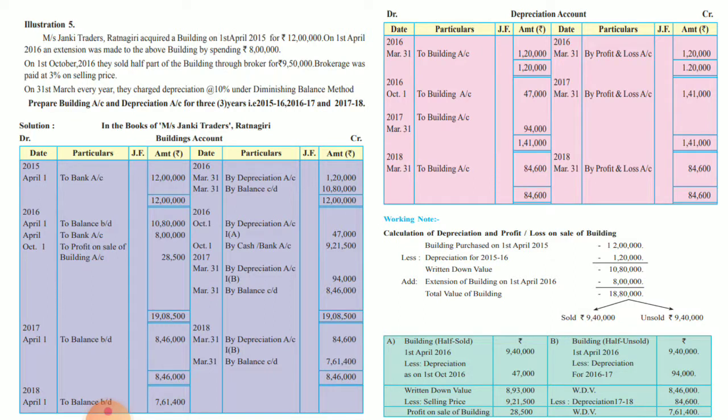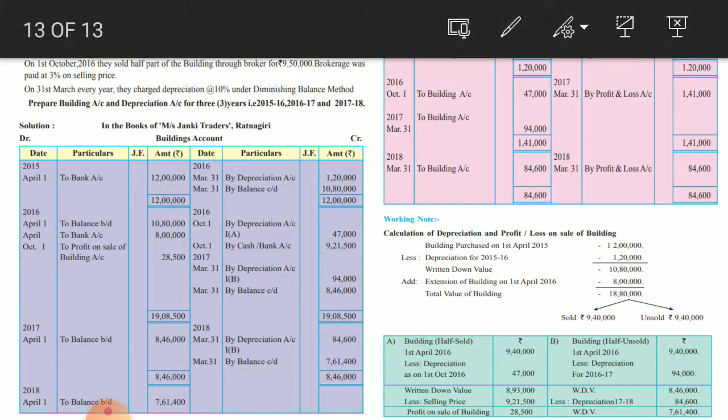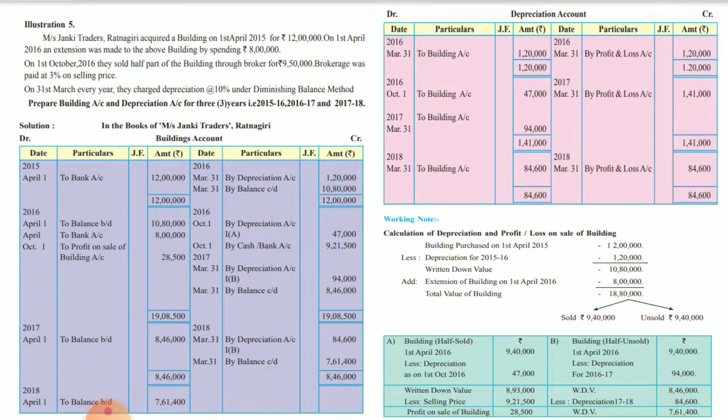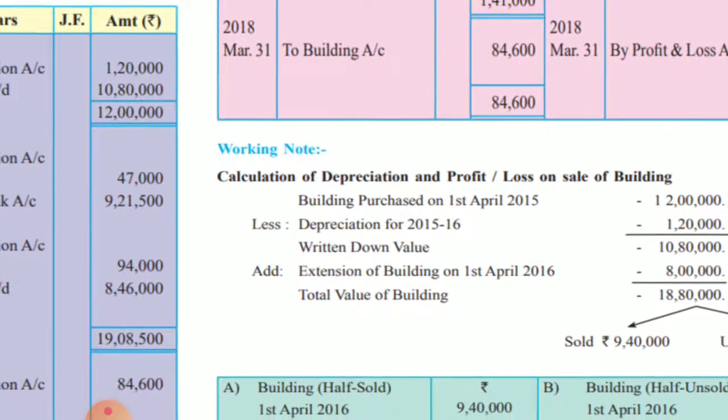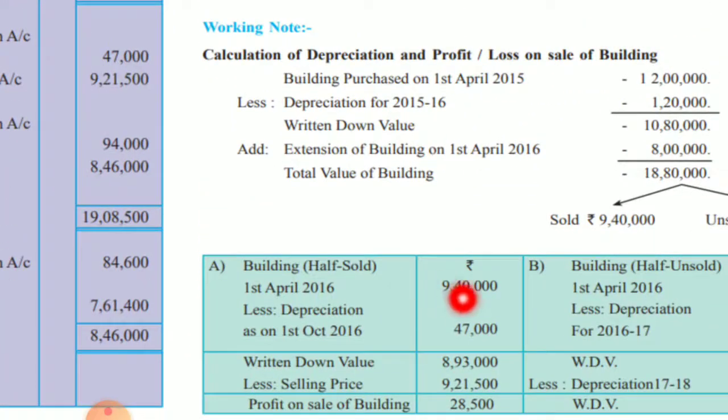Now we have to find out whether on the half part of the building which is sold we are earning a profit or a loss. The half part of the building on 1st April 2016 is 9,40,000.